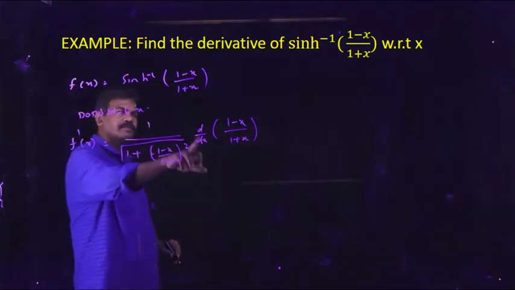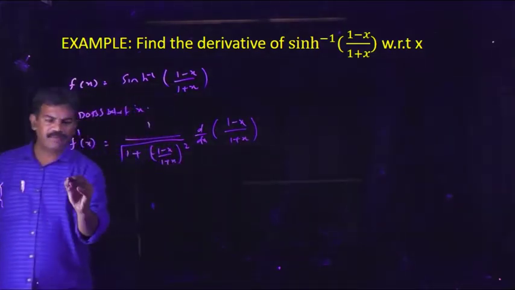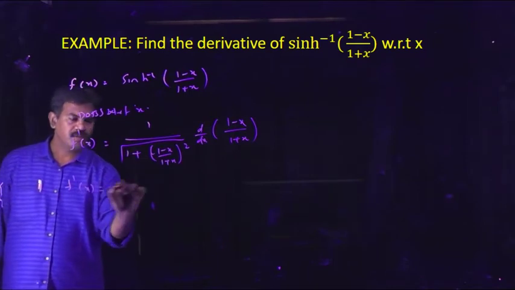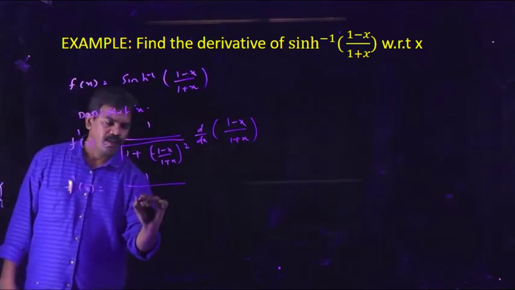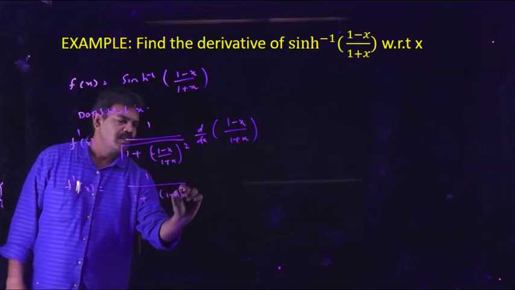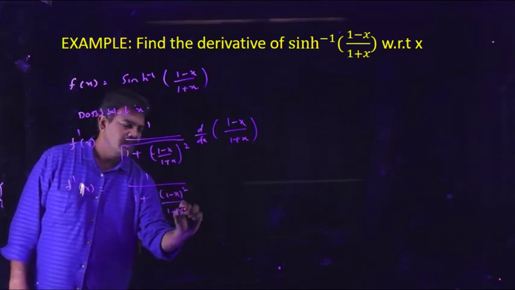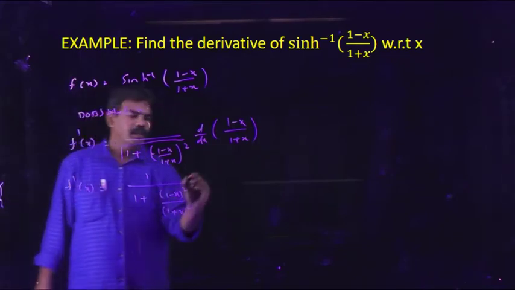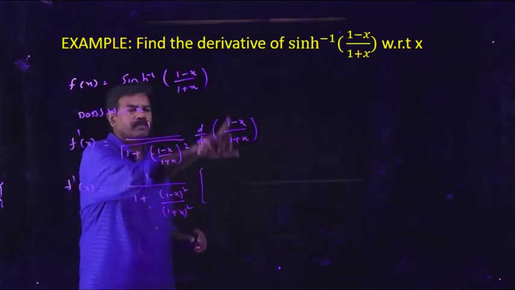Chain rule. That is, f dash x is equal to 1 by root of 1 plus (1 minus x) whole square by (1 plus x) square. It is in the form of u by v.